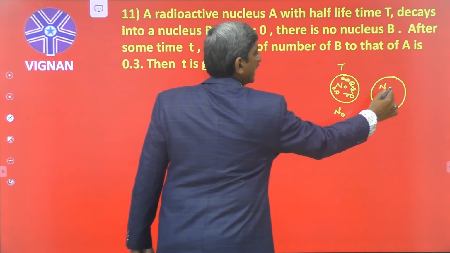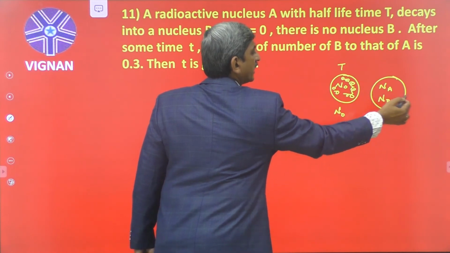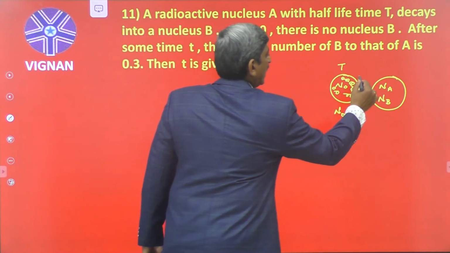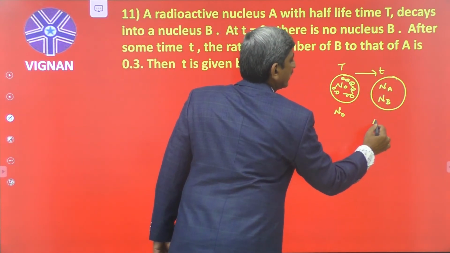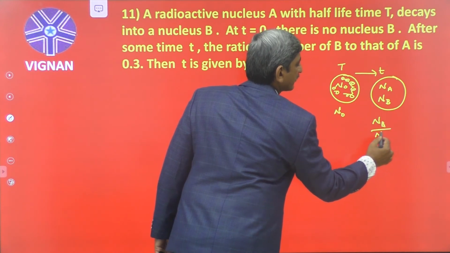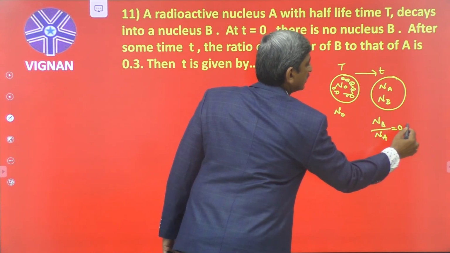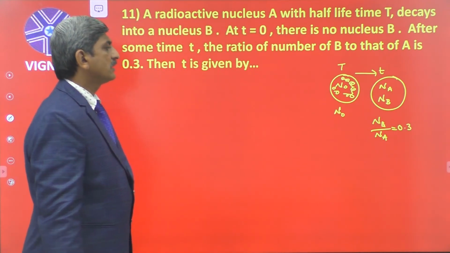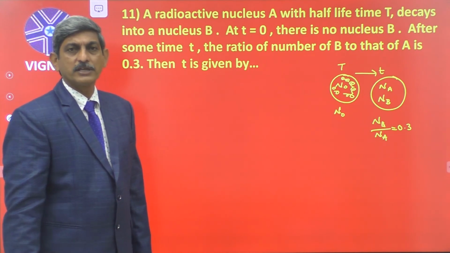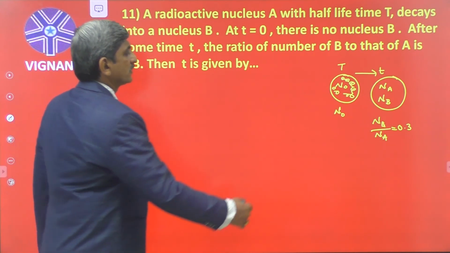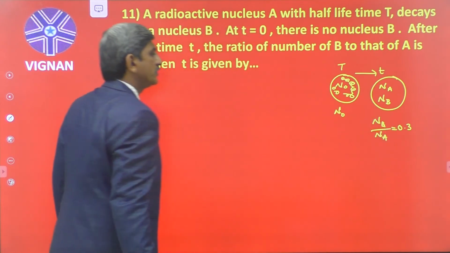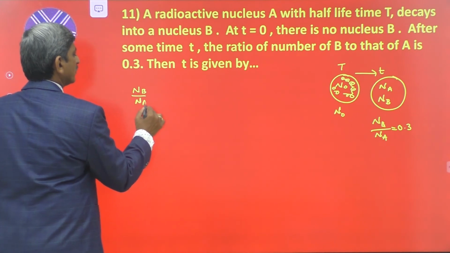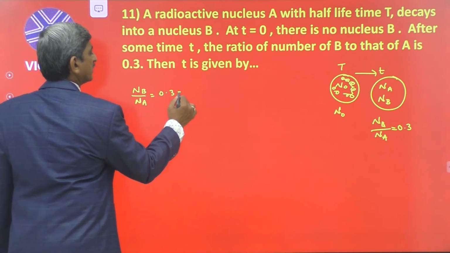Some nuclei decayed and changed to the nuclei of the sample B. So after time t seconds, it is given by NB by NA is equal to 0.3. Now we want to calculate the time taken. So NB by NA is equal to 0.3, that is equal to 3 by 10.